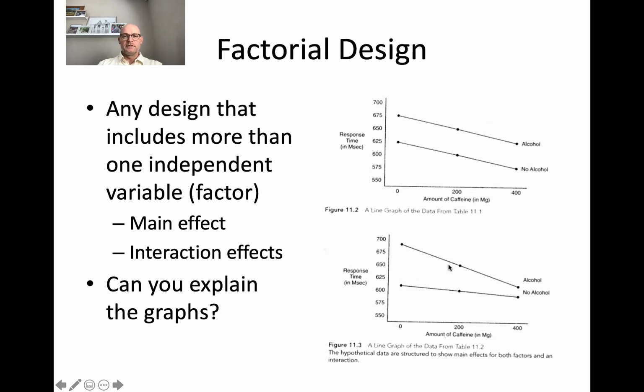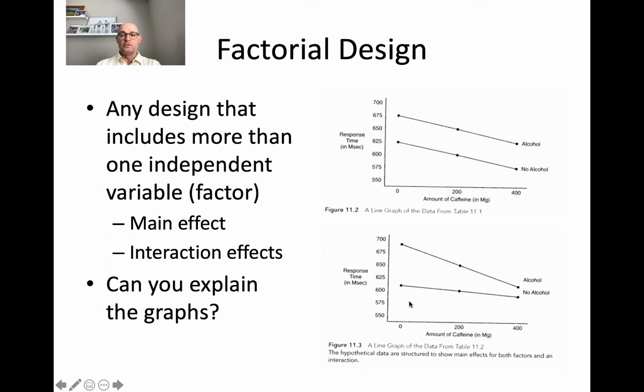But in a factorial design, you can also look for interaction effects, and one of those is in this lower graph. Once again, there's a relationship between the amount of caffeine and response time, x-axis, y-axis. And it looks like response time gets faster as you increase the amount of caffeine. For the no alcohol group, that change is pretty small, whereas for the alcohol group, response time decreases very, very rapidly as you add caffeine.